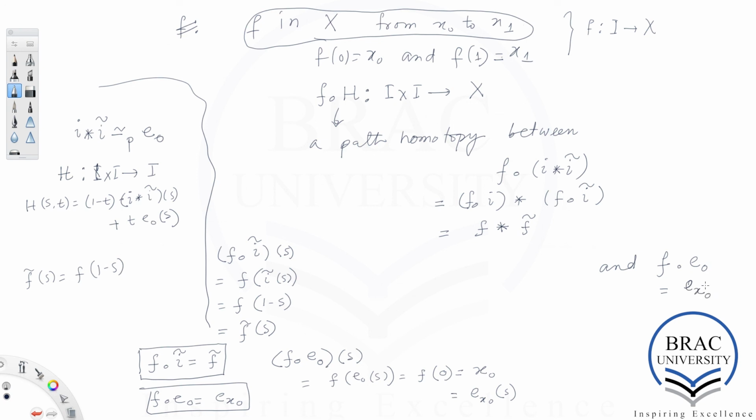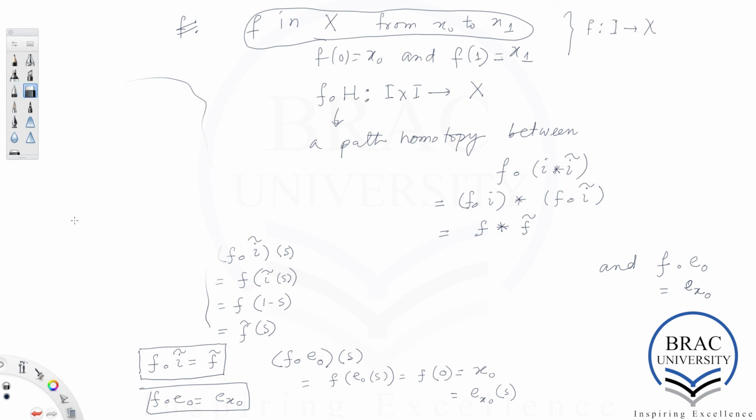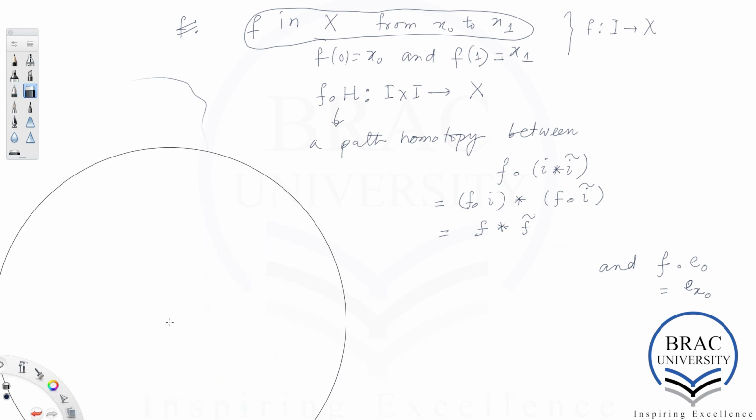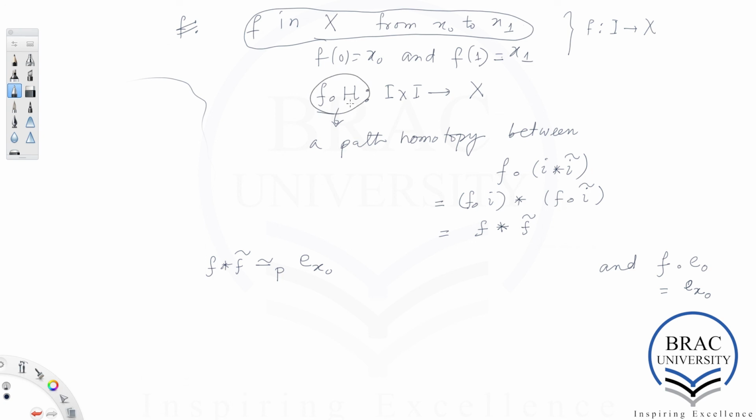So let me erase these things. I don't need them anymore. So we have found that f star f twiddle is path homotopic to E sub x0, where the required homotopy is f composed with H. H was defined earlier.